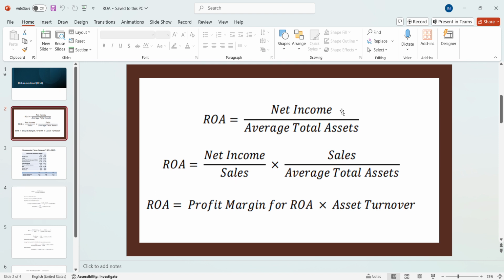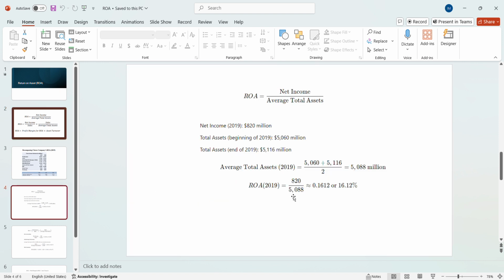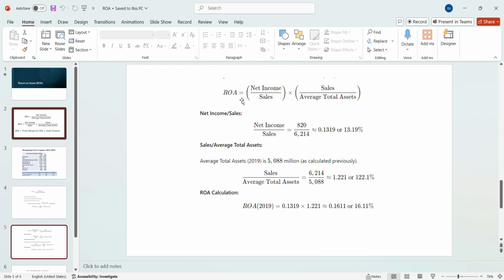For the first formula, we know our net income is 820 and we got average total assets, so this is our value. For the second part, we have incorporated sales. For the first part we know this is profit margin, the second part we know this is basically asset turnover.